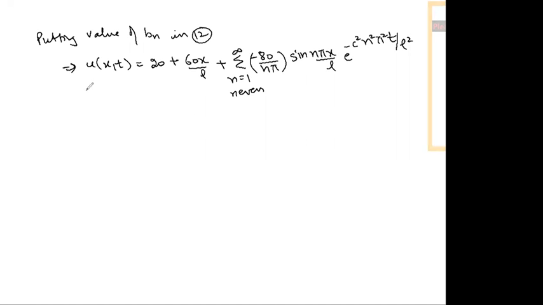So this is our required answer. Now you can put any value of x and any value of t, and this derived expression is going to give you the solution.